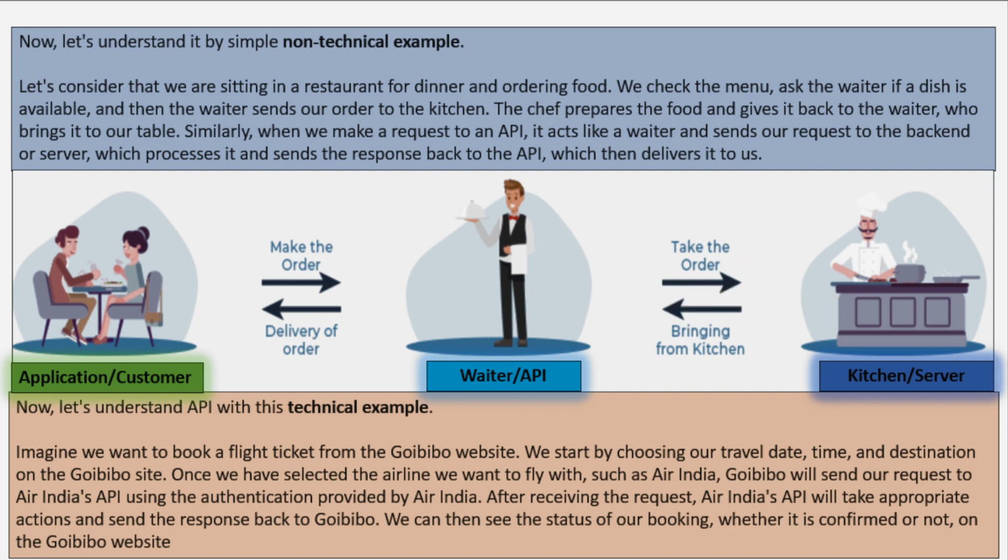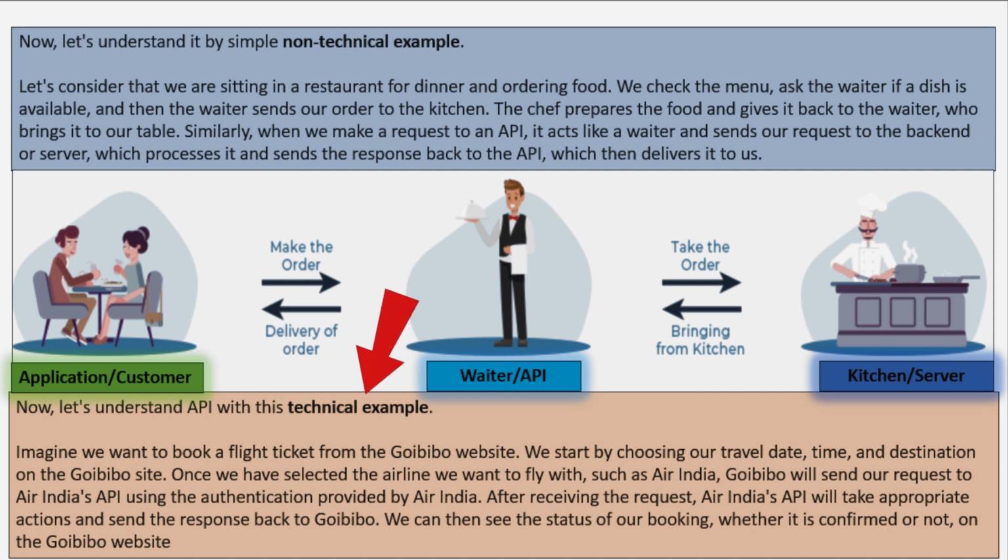The chef prepares the food and gives it back to the waiter, who brings it to our table. Similarly, when we make a request to an API, it acts like a waiter and sends our request to the backend or server, which processes it and sends the response back to the API, which then delivers it to us. And we can see the same thing in the picture also.